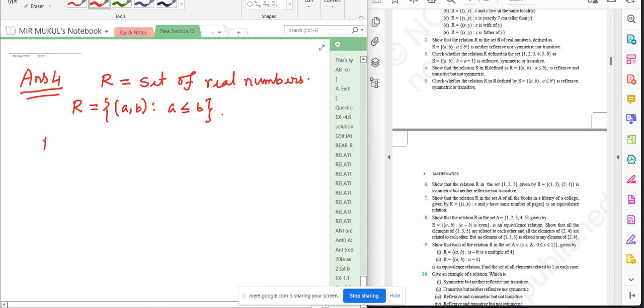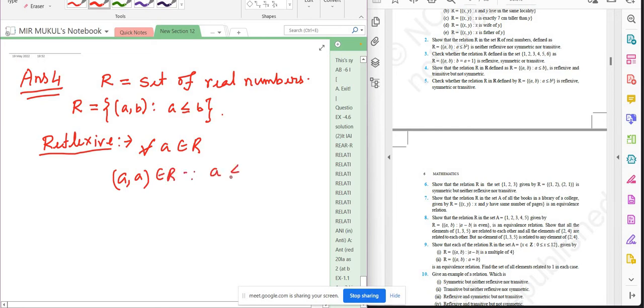First we are checking reflexive or not. Tell me, if the same real number you take, will a less than or equal to a hold? For all a belonging to the real numbers, (a, a) belongs to R. Why?